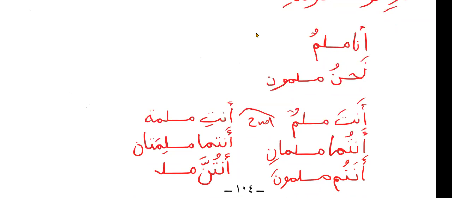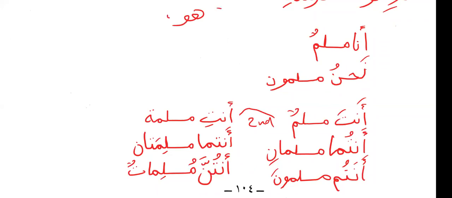What's the last letter? مسلمات. أنتن مسلمات. طيب, and then we say always هو.